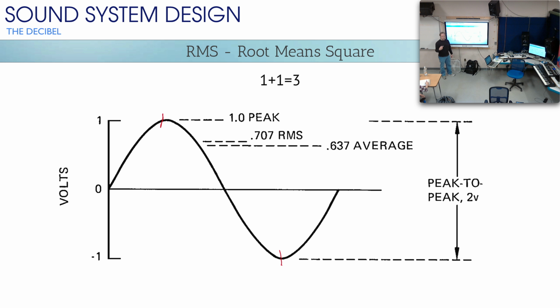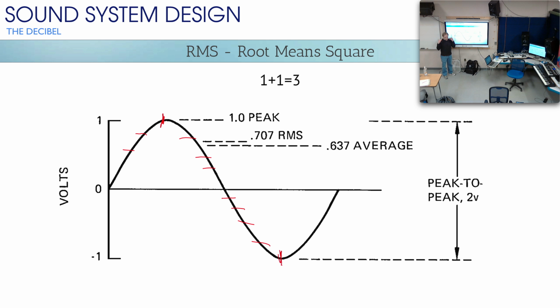However, if you consider what that would sound like to us, it only is at the 1 volt for a very, very small point in time, right? The rest of the time, it's less than 1 volt. Here, it's less than 1 volt. There, it's less than 1 volt. Most of the time, it's less than 1 volt.